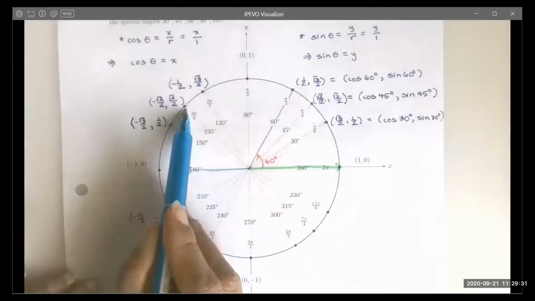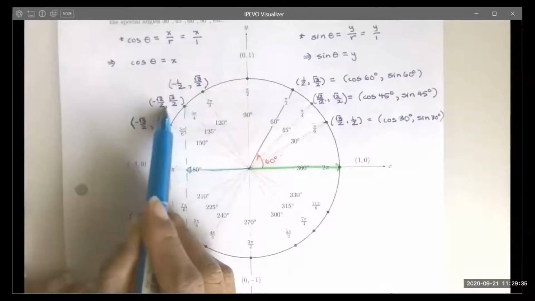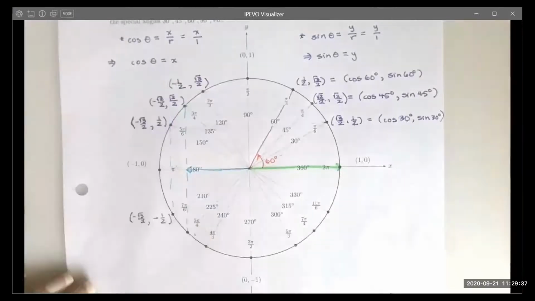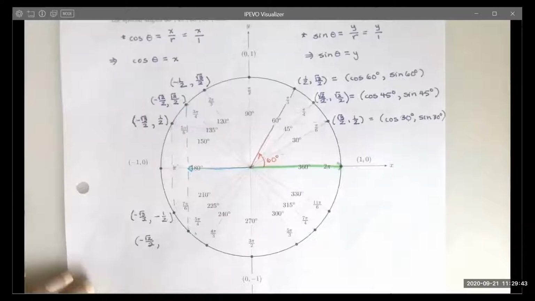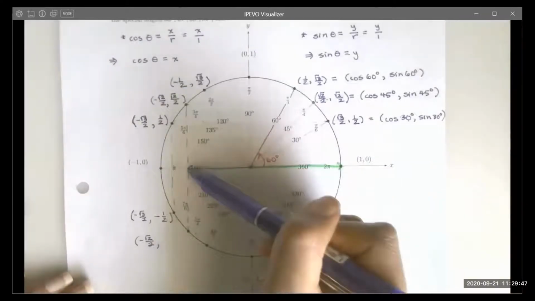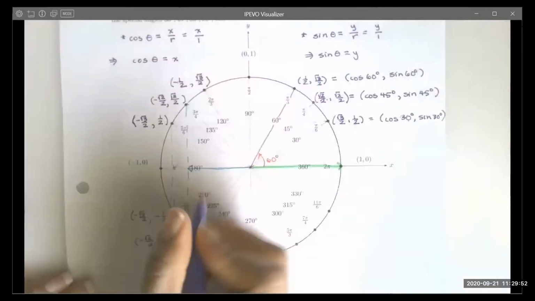So that means that for 225, it's going to have an x coordinate of negative radical 2 over 2. But then for the y coordinate, instead of a positive radical 2 over 2, it's going to be a negative radical 2 over 2.